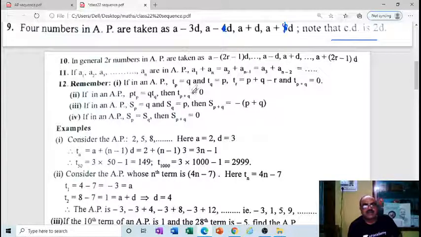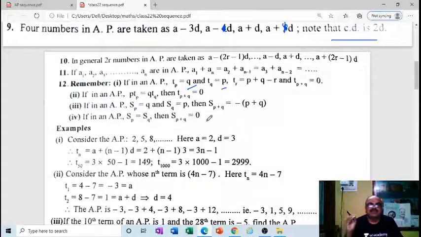In an AP, TP equals Q. The pth term of the AP is Q. Qth term of an AP is P. Is this clear?